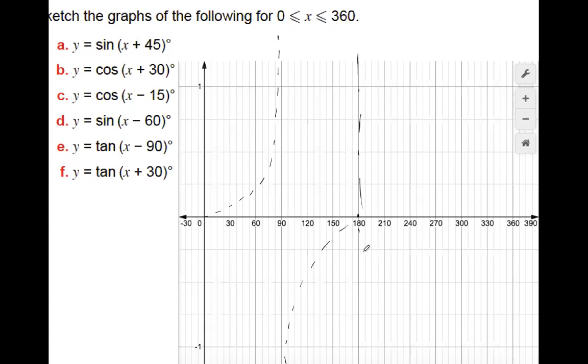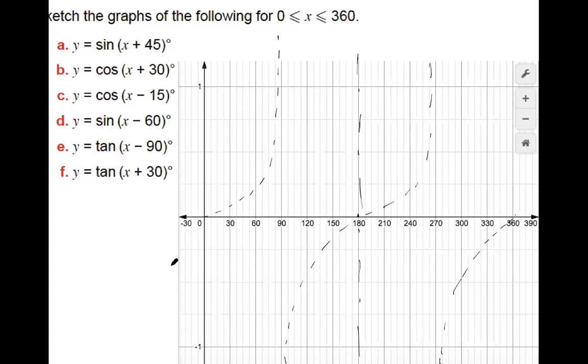And if I'm asked to do it within 360, I still need to do it like that. And then you would come back down again here to touch 360. That would be my tan signal. That's what tan looks like.